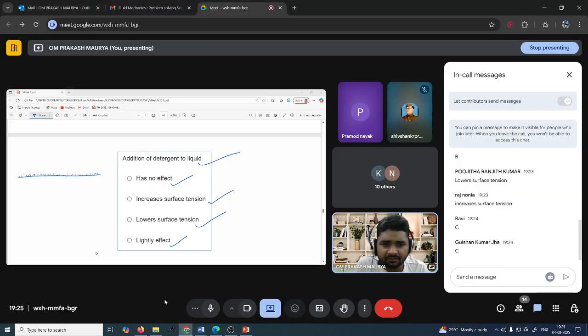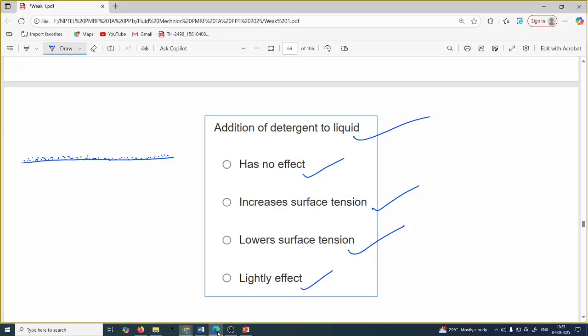Anyone try to say anything? No. Okay. Let us assume that by mistake some detergent falls on the surface, what will happen?